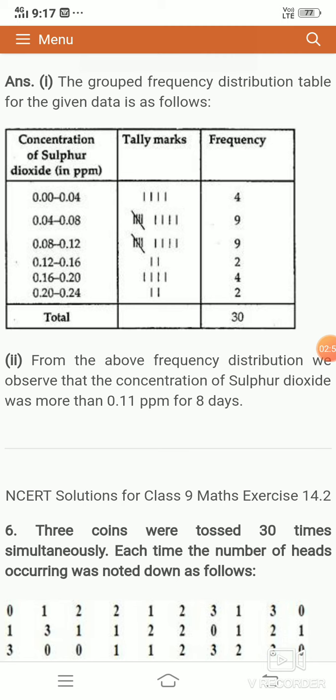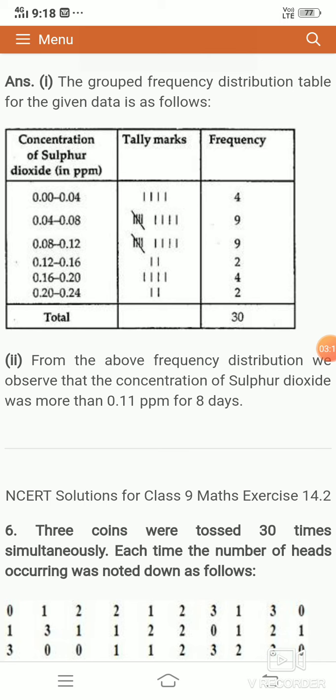Count 0.08 in the third interval. Similarly 0.12, 0.16, 0.20, everything you need to count in the next interval, right? So using tally marks we can find the frequency table.